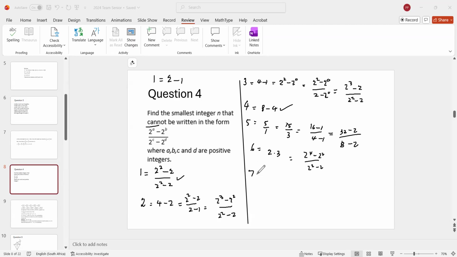Now 7 is 8 minus 1. And that's a power of 2 minus a power of 2, and you just proceed as usual. And 8 is a power of 2. It's actually 16 minus 8, right? And again, you got a power of 2 minus a power of 2. So you just proceed as before, and you'll get to this form.